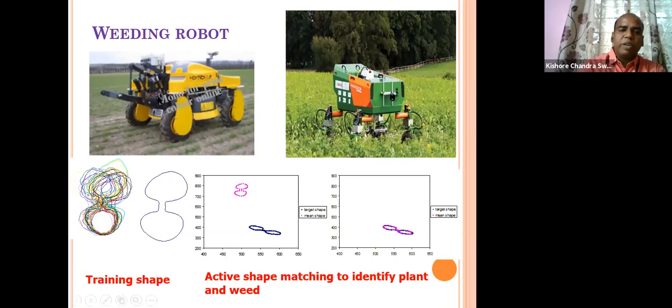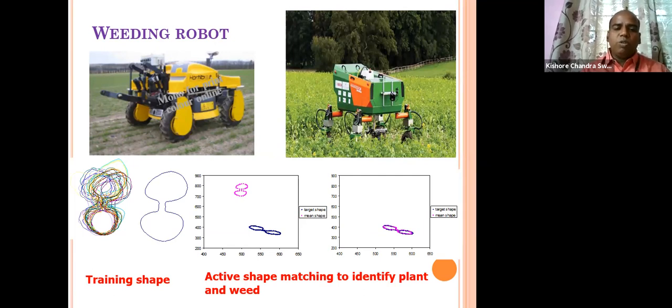There are weeding robots. We have automated weeding robots. I was working on this one, the Hortibot robot. Here we are talking about active shape matching. We can identify the leaf shape of the crop, and on that basis separate the crop leaf from the weed leaves. If you identify the crop leaf, then you will not spray on the crop leaf, you only spray on the weed leaves.